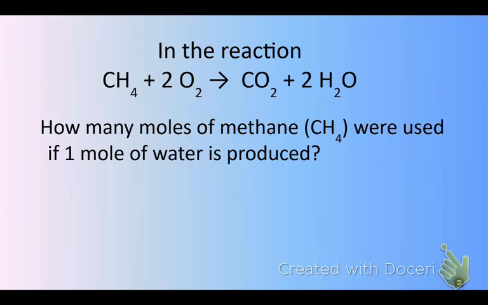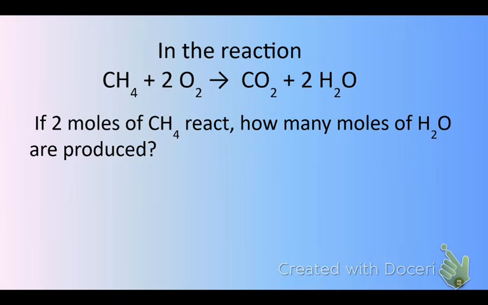All right, let's look at one more example. If 2 moles of CH4 react, how many moles of water are produced? So again, we're going to set up our unknown, our given. What's our given? 2 moles of CH4. Now we have to find our unknown.